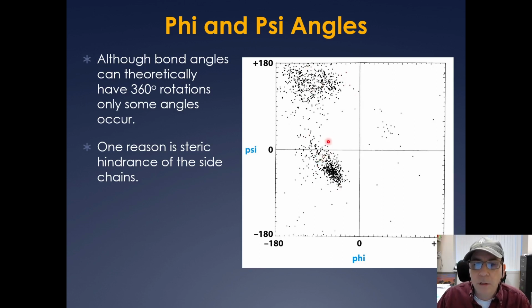And one of the reasons that it doesn't assume all of the different bond rotation angles is due to the steric hindrance of the side chains.